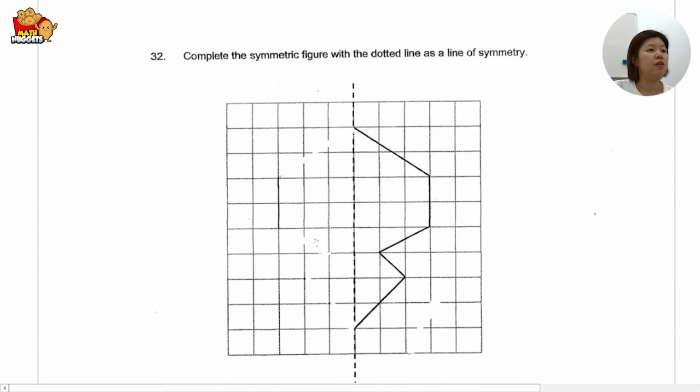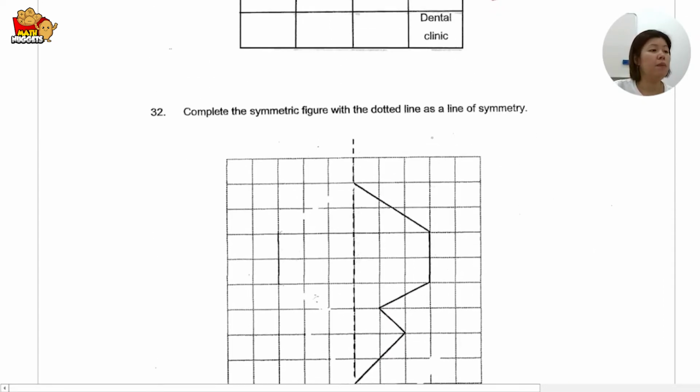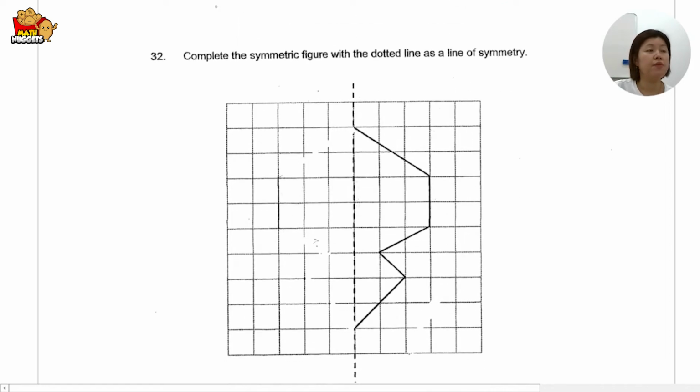Okay, let's move on. Okay, this is the symmetry. You're supposed to complete the remaining side of the other figure.